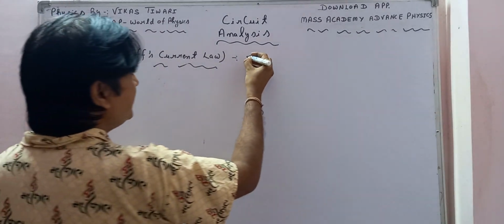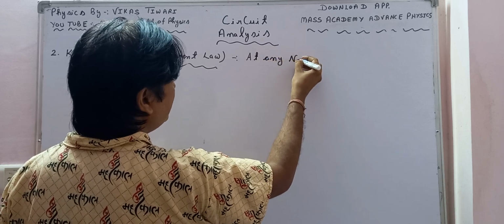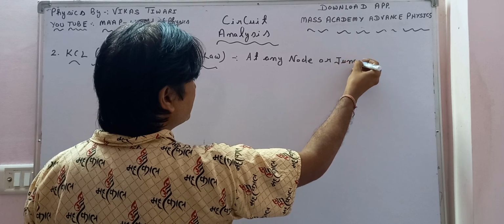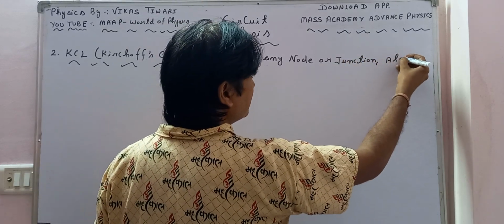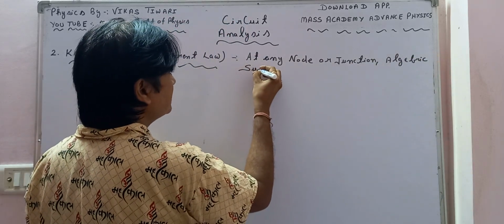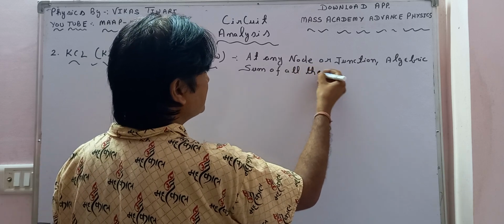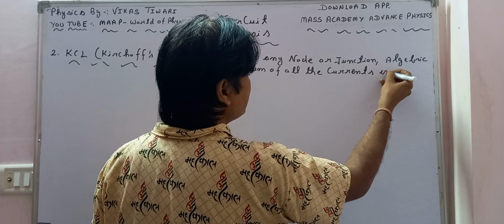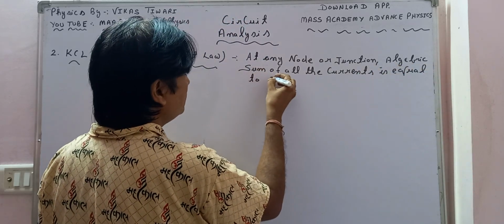At any node or junction, the algebraic sum of all the currents is equal to 0.